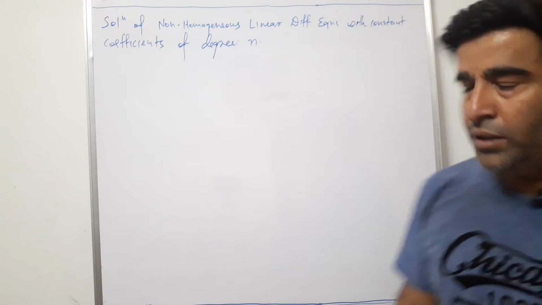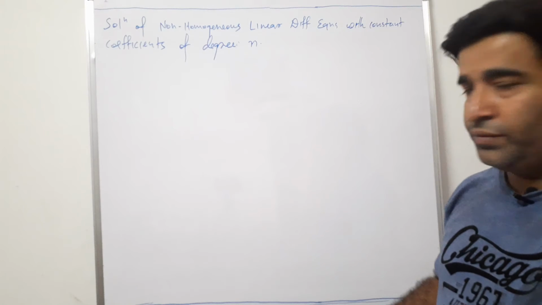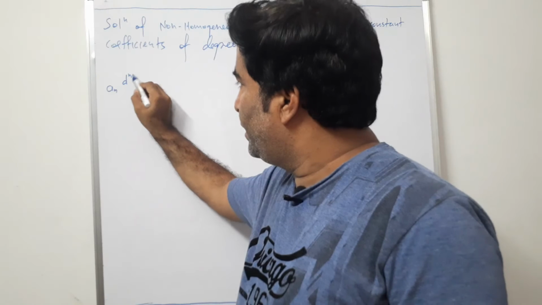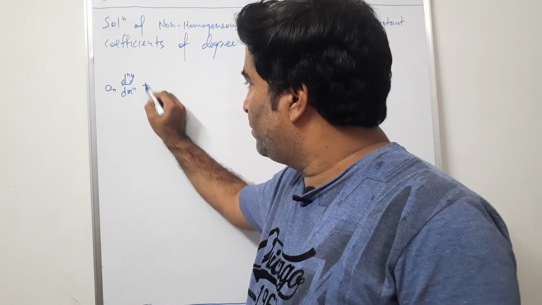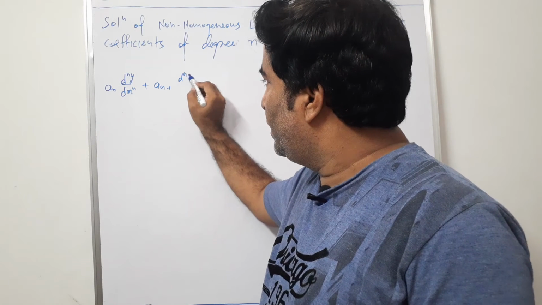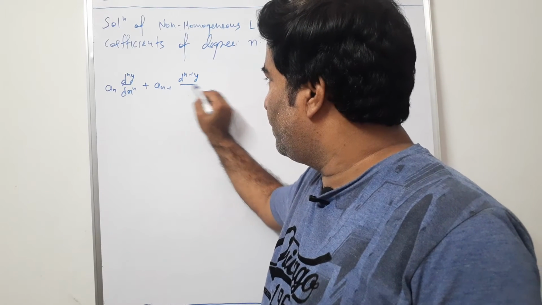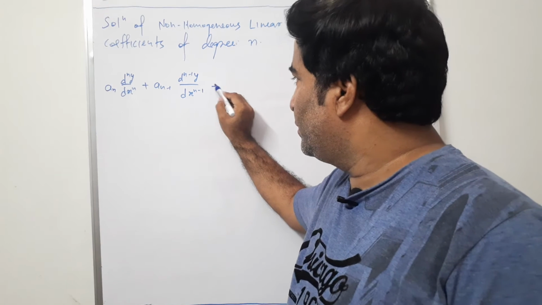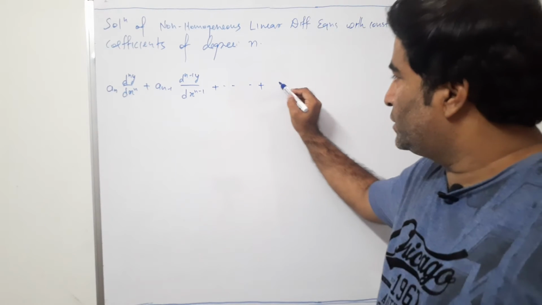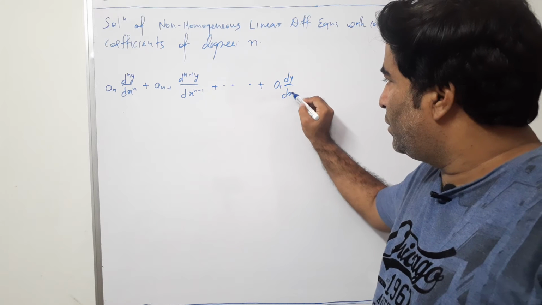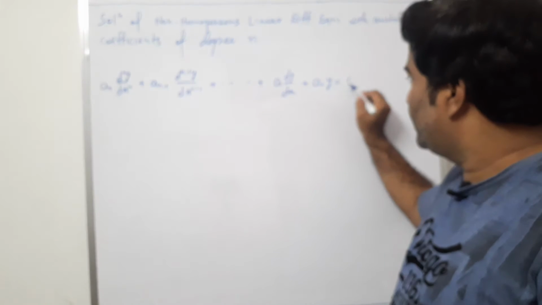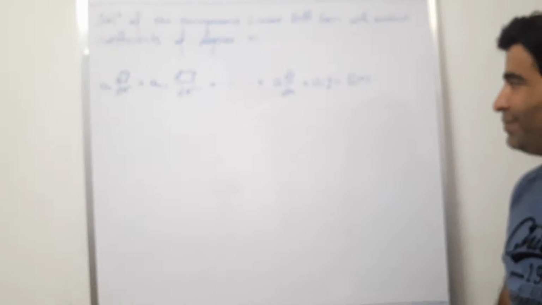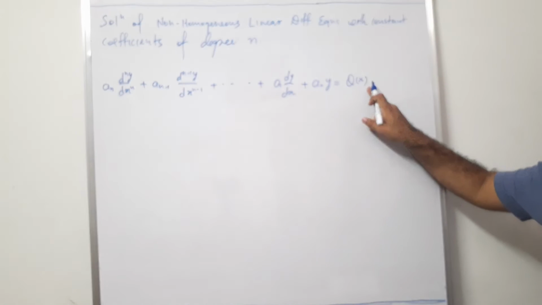We know that the linear differential equation with constant coefficient is of the form a_n d^n y over dx^n plus a_(n-1) times the (n-1)th derivative of y with respect to x, and so on, at last a_1 dy over dx plus a_0 y is equal to Q(x), where Q(x) is a function of x.